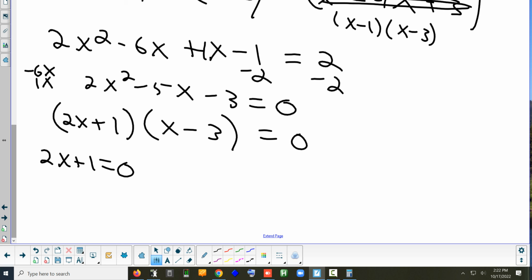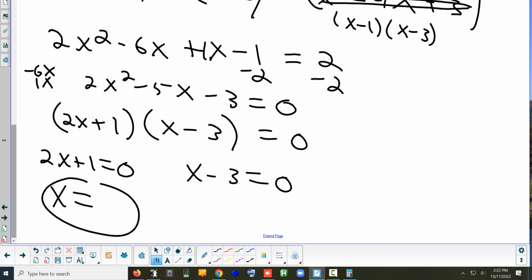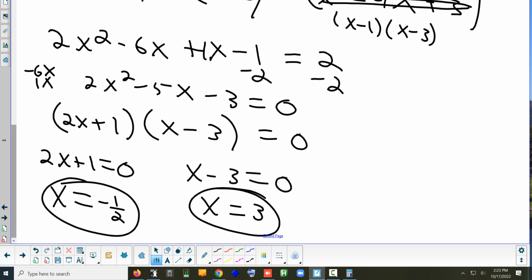Either that's 0 or that's 0. What do I get if I solve the first one for 0? Negative 1/2. And what do I get if I solve the second one for 0? 3.